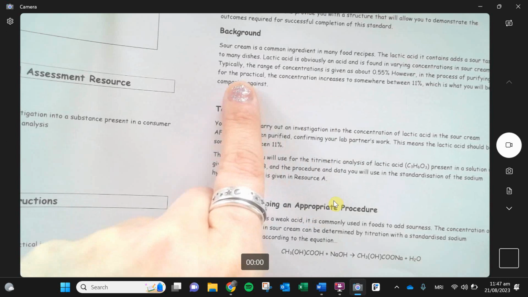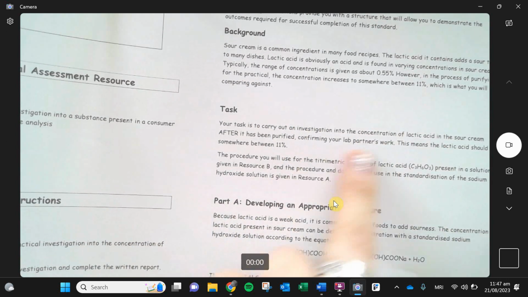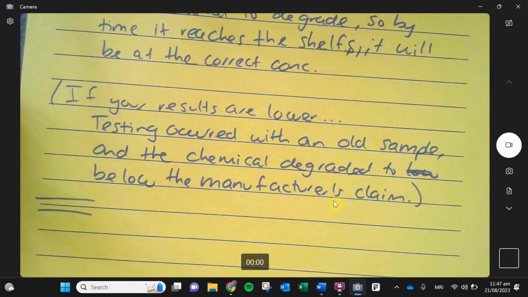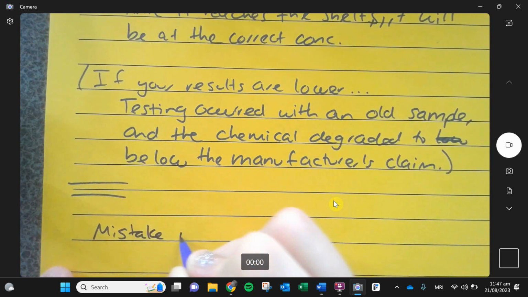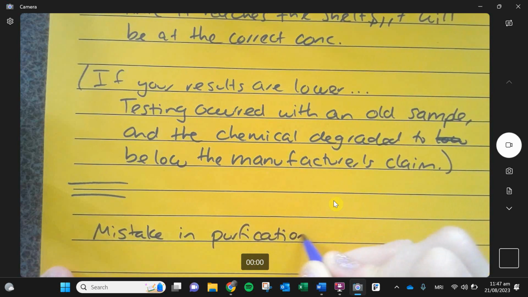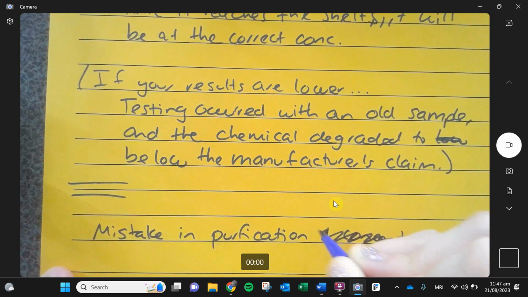However, we purified it and we increased the concentration to somewhere around 11%. And that was the technician's work, the lab partner's work. So maybe the lab made a mistake in the purification process.